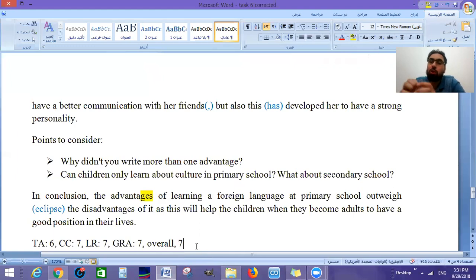You would have written something if you had known, but you didn't. So you should not be deducted any marks for task achievement if you make it clear to the examiner.